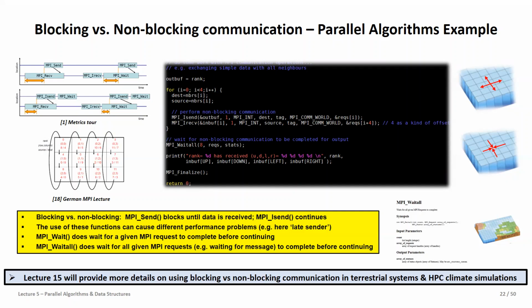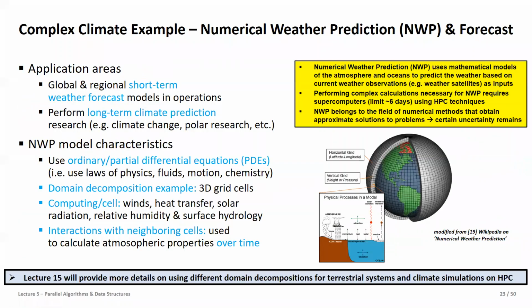And then of course, in some real domains, you will see that also when we explore in lecture 15 terrestrial systems much more, or climate simulations. For climate simulations, this is an interesting part because we learned that there are different domain decompositions. We will go much more into numerical methods there, what it really means to approximate with numerics.